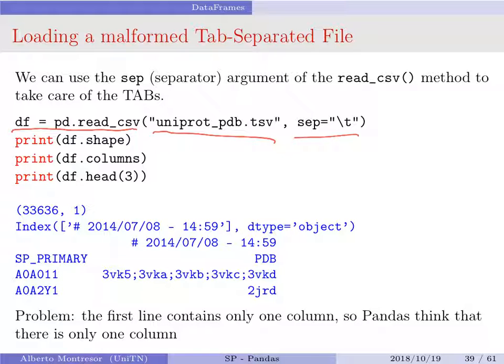Okay, then we get information about the shape, which includes a lot of lines, and the number of columns, which is just one. And then if you print the first 3 lines, you get something like this, which is not exactly what you want to get.